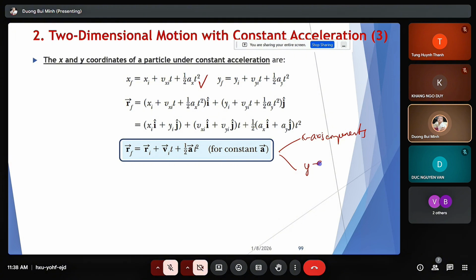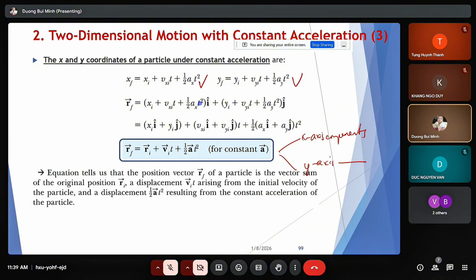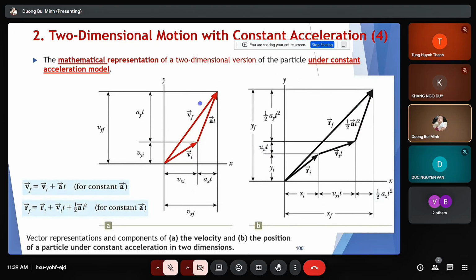And for y-axis components, we can get this one. With just one original formula, we can analyze it into two formulas with x-axis and y-axis components respectively.